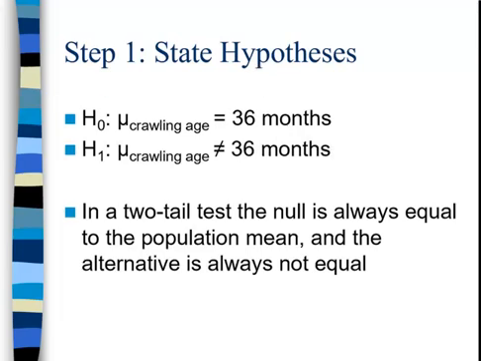In other words, a crawling age could be less than 36, or it could be greater than 36. We don't have any prediction ahead of time. So in a two-tailed test, the null is always an equal sign for the operator, equal to the population mean, whereas the alternative is always the not equal sign to the population mean.